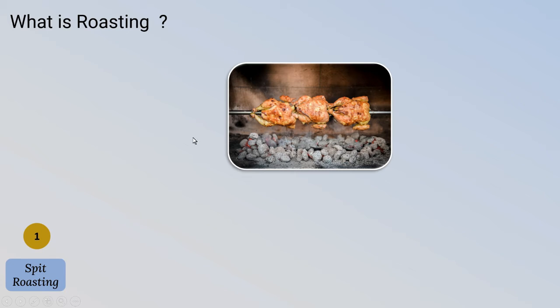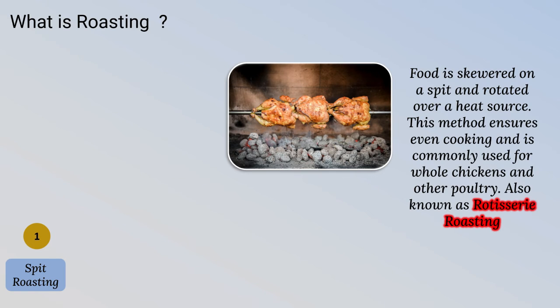What is spit roasting? Let me explain how it is to be understood. The food is put on a skewer, meaning an iron skewer, there on a spit, which is a source of fire, and rotated over the heat source.